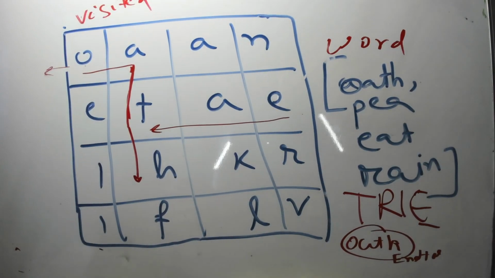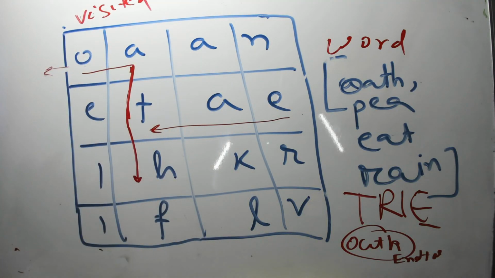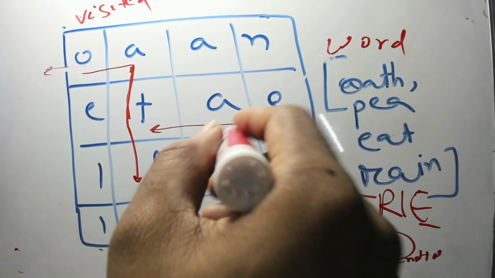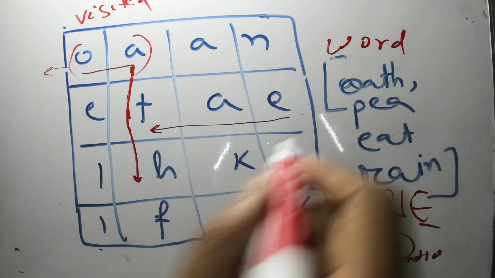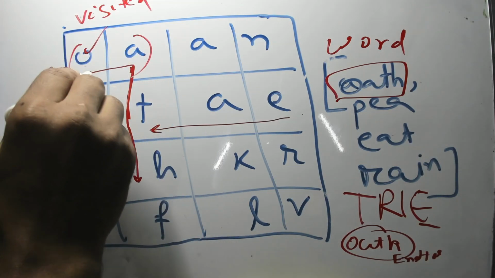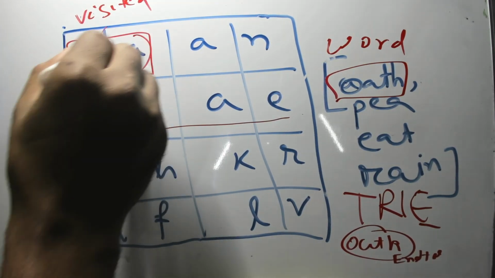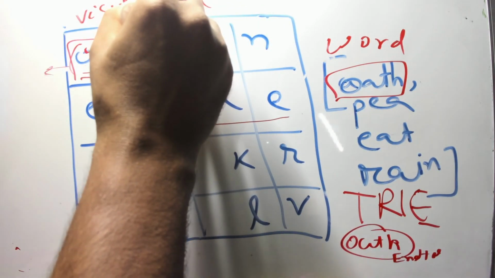That also we're going to check. Along with that, we're going to check if that particular word up to that length is present in our trie or not. For example, because we have oath, o will be present, and then when we add a to o, it will become oa.